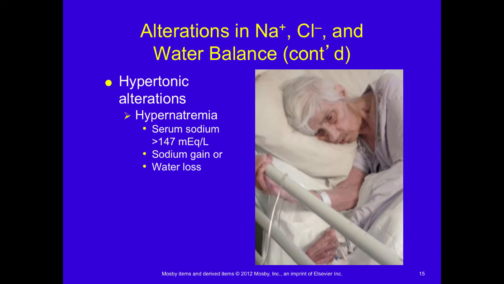Perhaps you erroneously gave them a hypertonic saline solution. Okay, that's an example we never want to think about, but if a nurse or a physician orders the wrong type of solution and we give it to them in their bloodstream, we could cause hypernatremia, okay? It's possible.